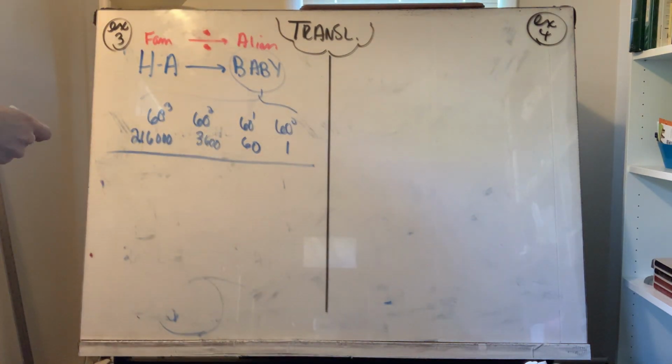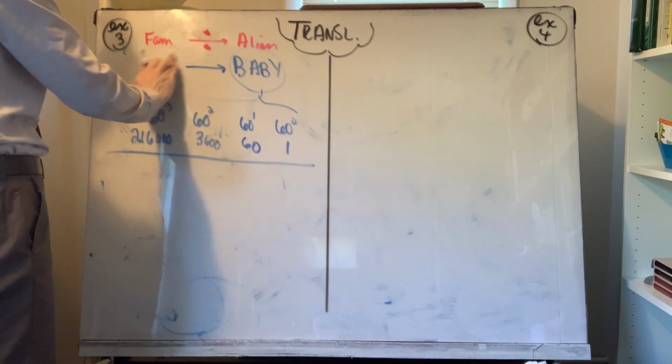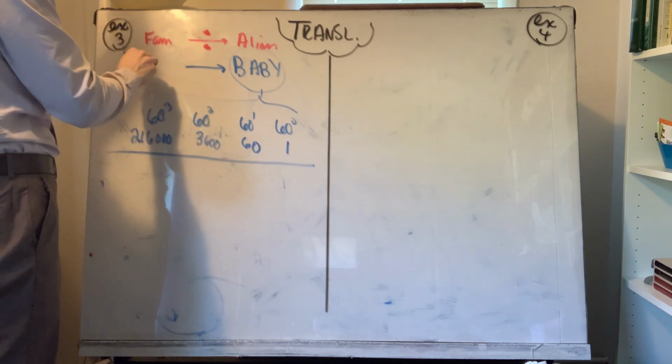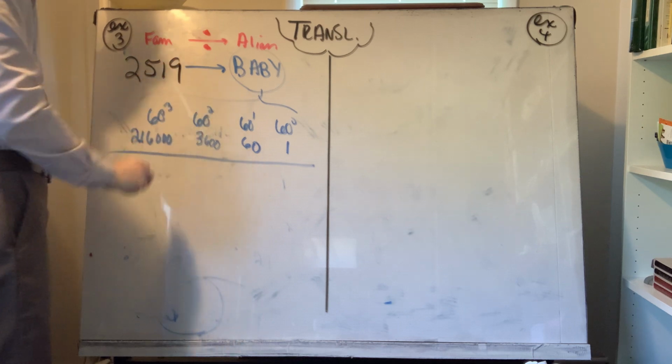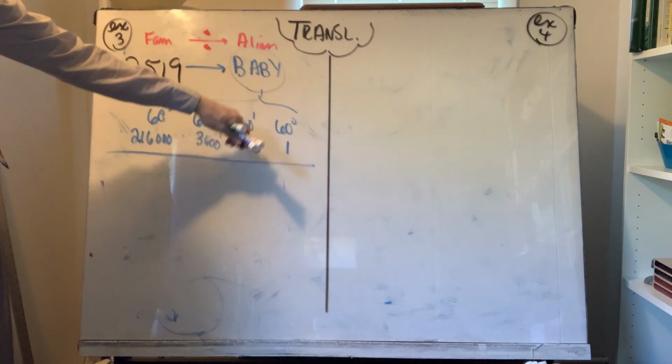So what is the number that we have to work with? Let's say that we're translating this number, 2,519. We're going to translate this standard, familiar, Hindu-Arabic number 2,519 into Babylonian.